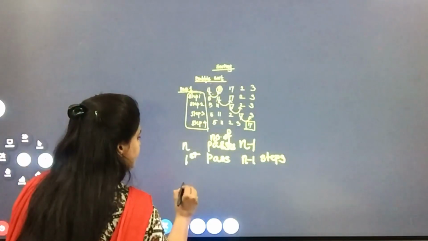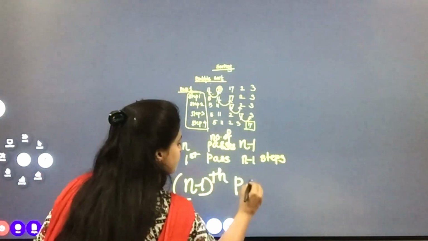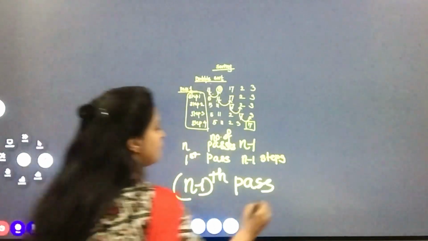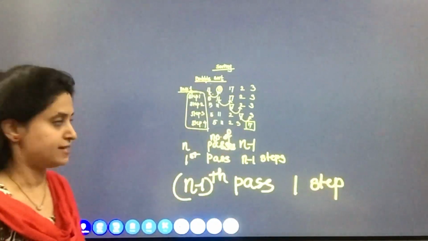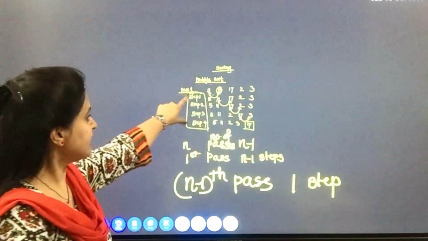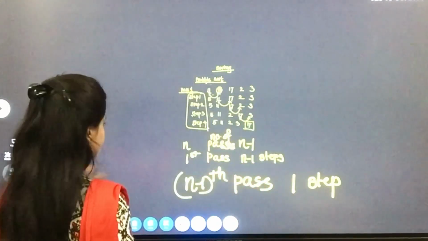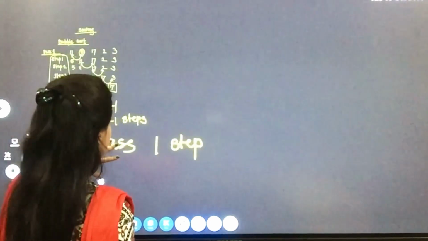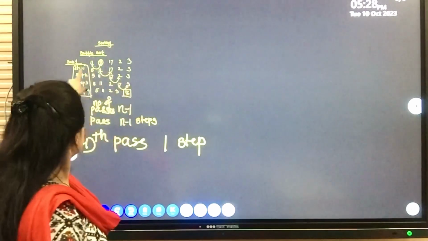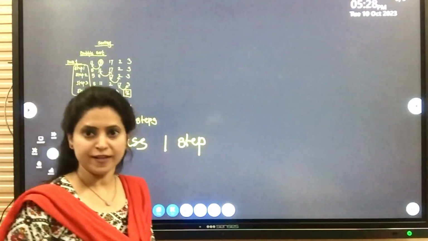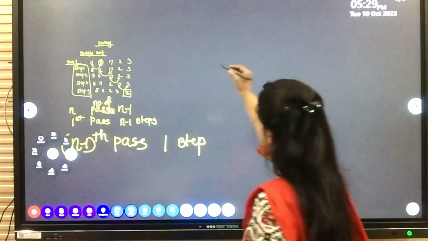And in the last pass, meaning the n minus 1 pass, I am having only one step, meaning only one comparison. If we want to proceed, in the second pass, what do we have to do? The output at the end of the first pass will be considered the input for the second pass.